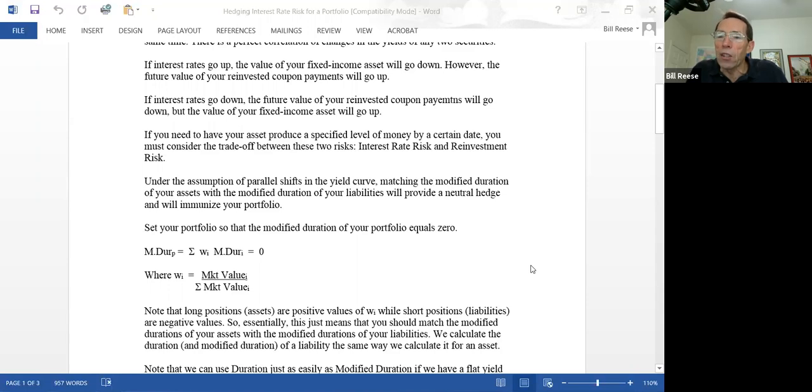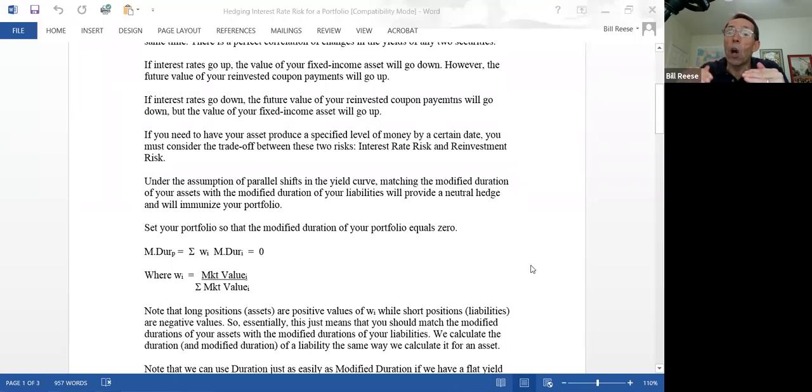Remember that your assets are going to have positive weights and your liabilities are going to have negative weights. So if they are approximately the same in terms of their market value, if you set the modified duration of your assets to be equal to the modified duration of your liabilities, then when interest rates change, your assets and your liabilities will change together.